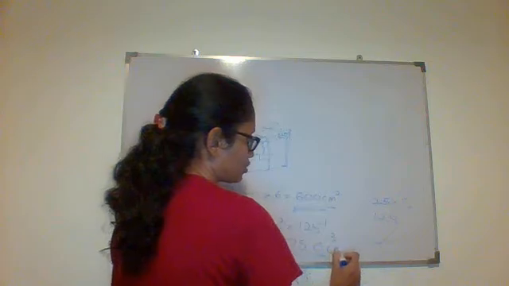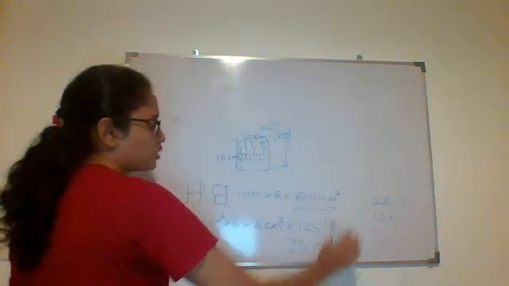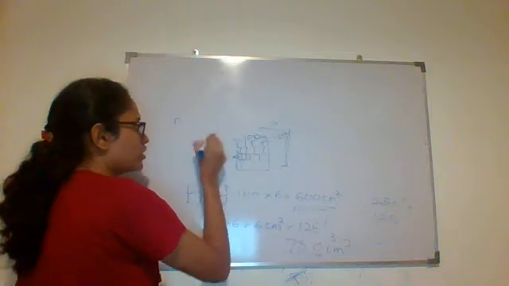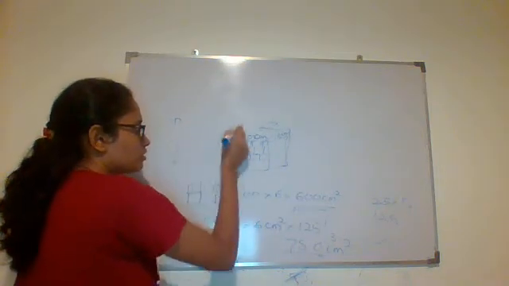That means you have 125 cubes, and 750 square centimeters. So just draw it and see, right?